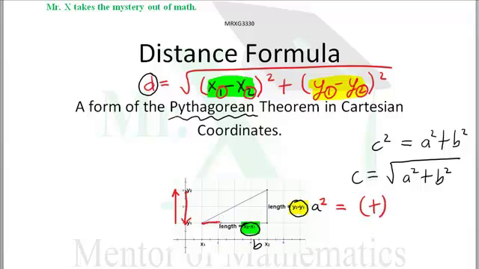Likewise, it doesn't matter if we take the x difference this way or this way. When we square this guy, it's going to be positive. So, we've got our distance formula here. Understand that this C for Pythagorean is the same as this D for our distance.